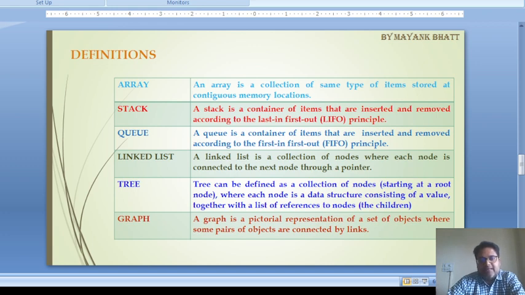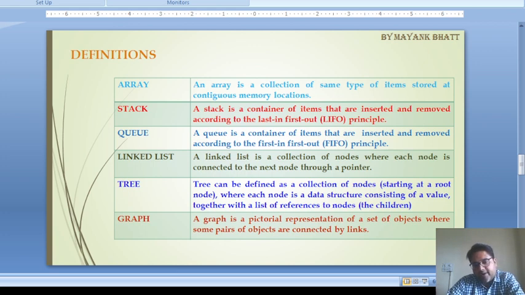To avoid that disadvantage, we use a linked list. In such a case the memory allocation is dynamic, and whenever you insert a new node, memory will be allocated for that new node. This linked list is especially used in trees and graphs.